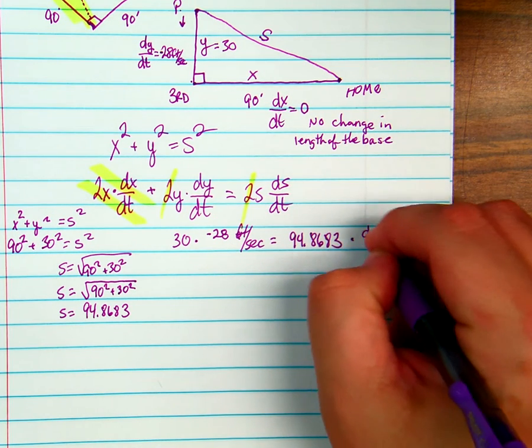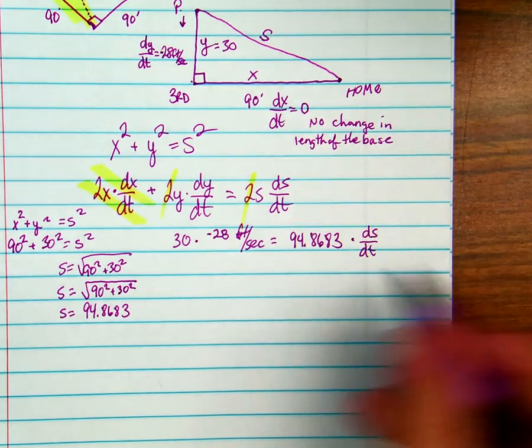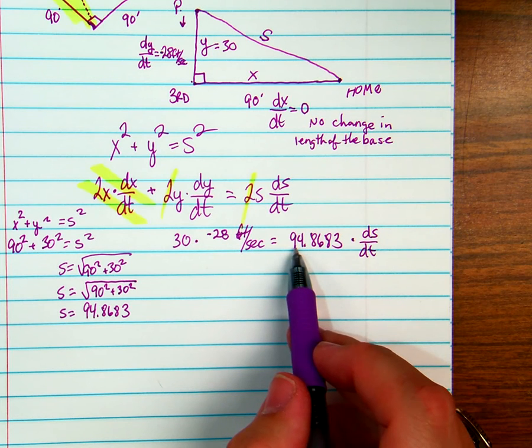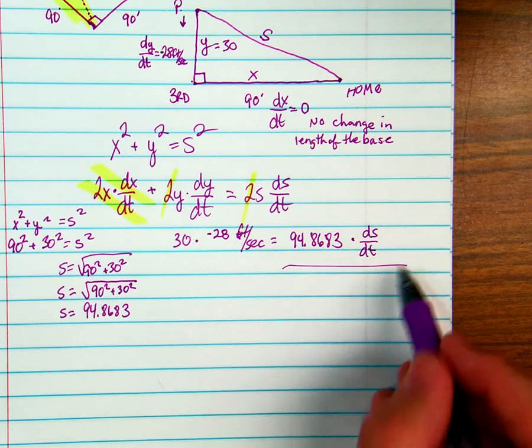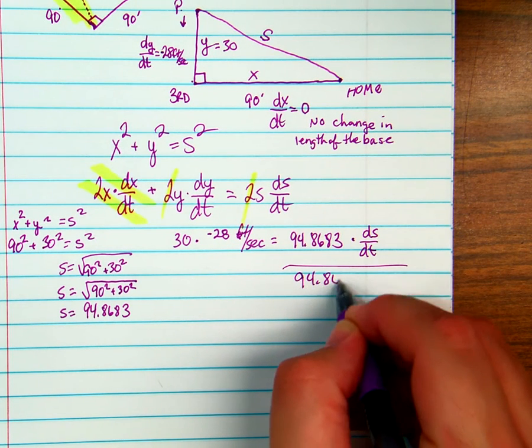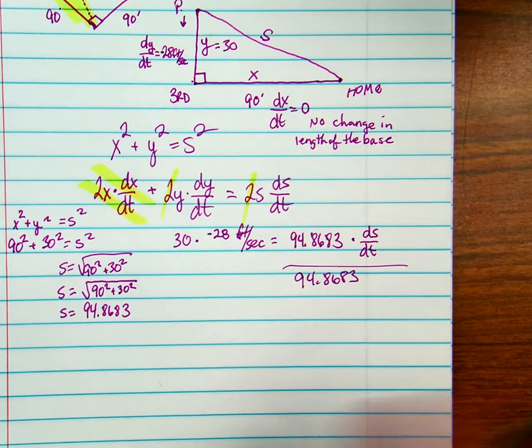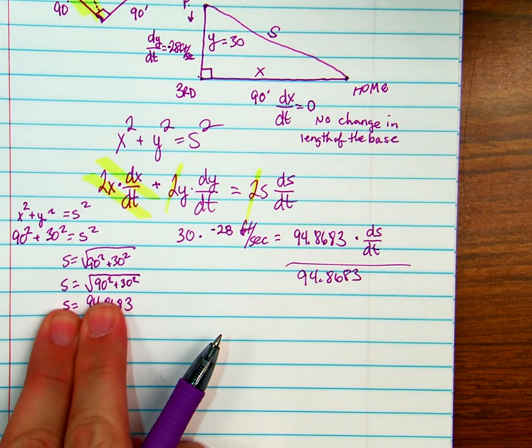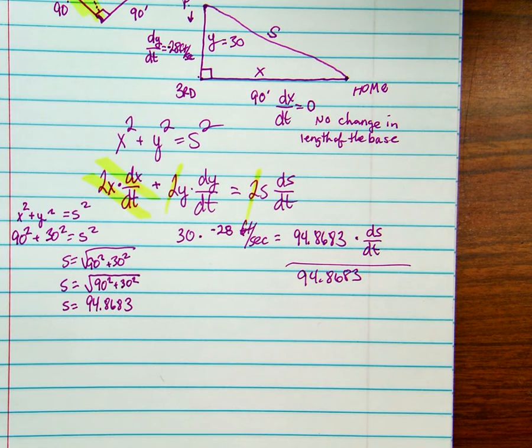So what am I going to do with that 94.8683? Divide. Now, we would probably want to use the square root of whatever number is in there, because that would be the exact answer. And if we were doing something like that, I just want to show this to you so you know what you're doing.